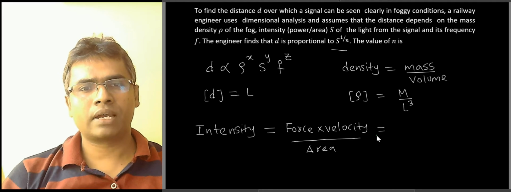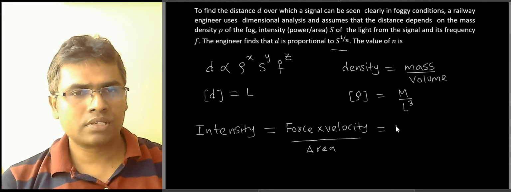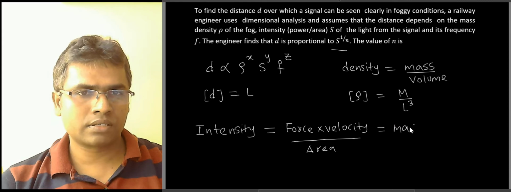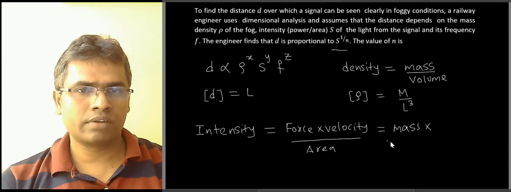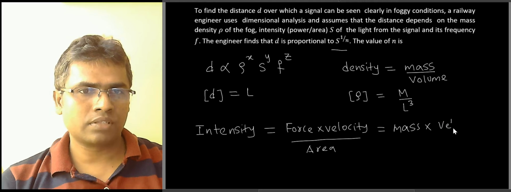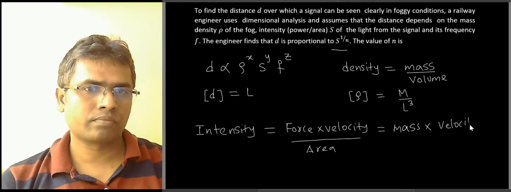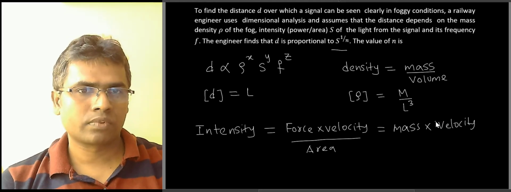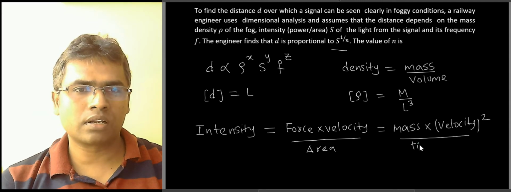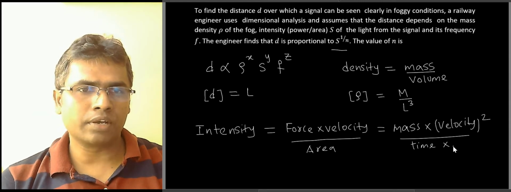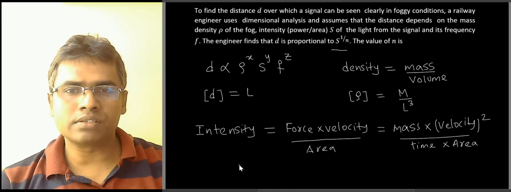Since we are only looking at the dimensions, we can just write acceleration as velocity over time taken. So you already have velocity, so we square the velocity. And then we have to write time and then area. I think this is good enough to get the dimensions of intensity.